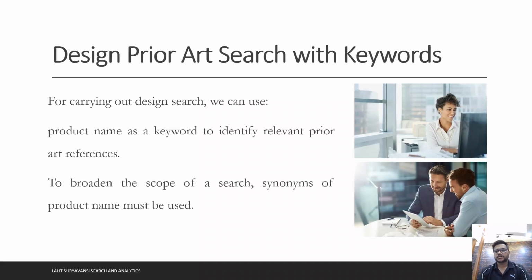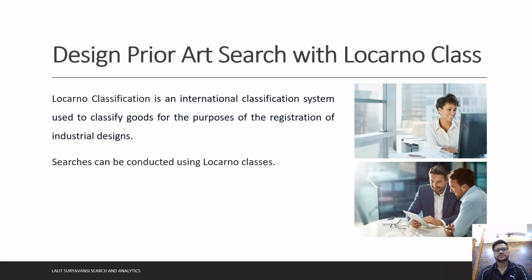So again, what is next is how design searches are conducted. Design searches are conducted in the same way utility patent searches are done. You can perform searches based on keywords, and if you are using a keyword, you can use its synonyms there also. This way you can perform design prior art searches.